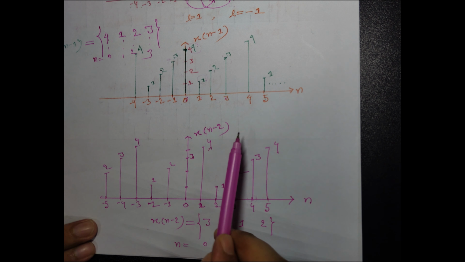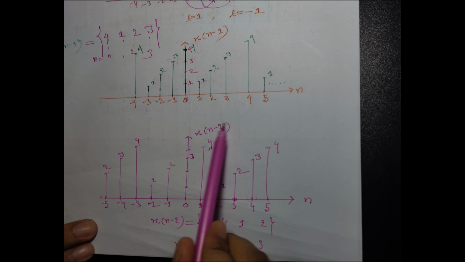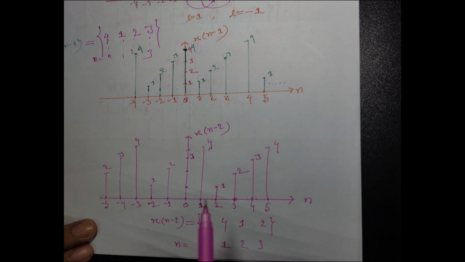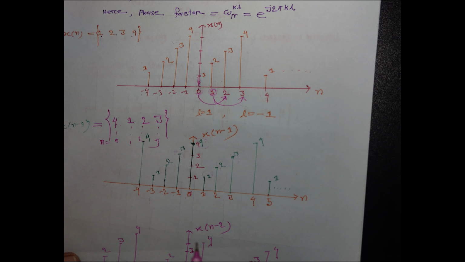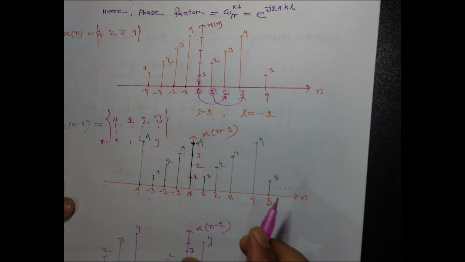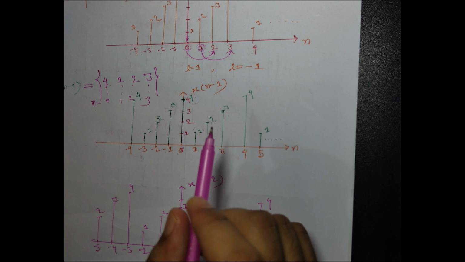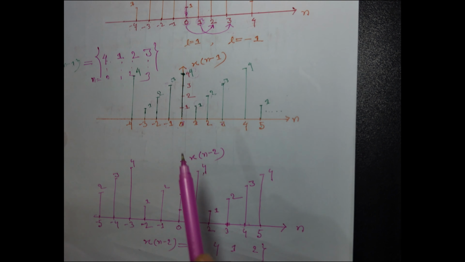When an amount of 2 shifting occurs in the signal, the signal will shift to the right by two places.